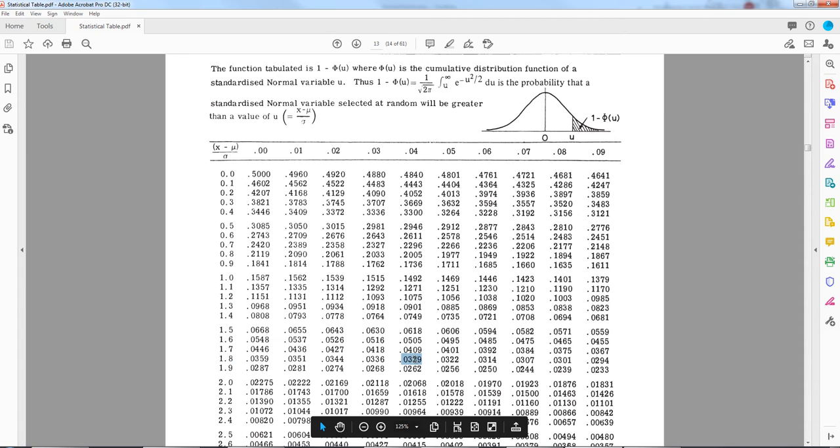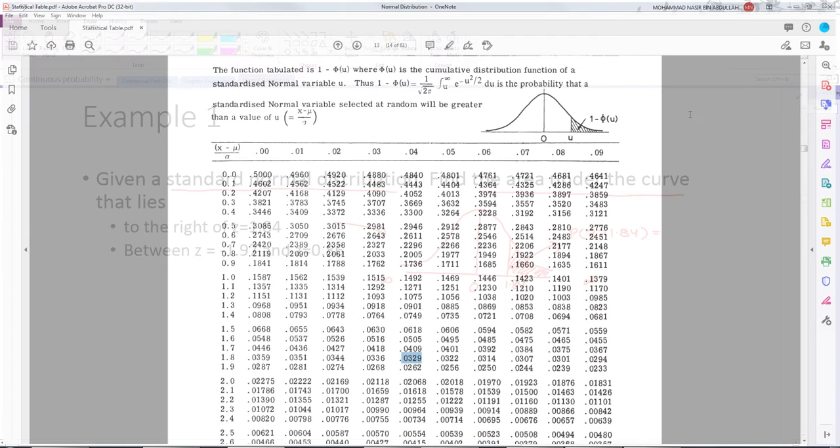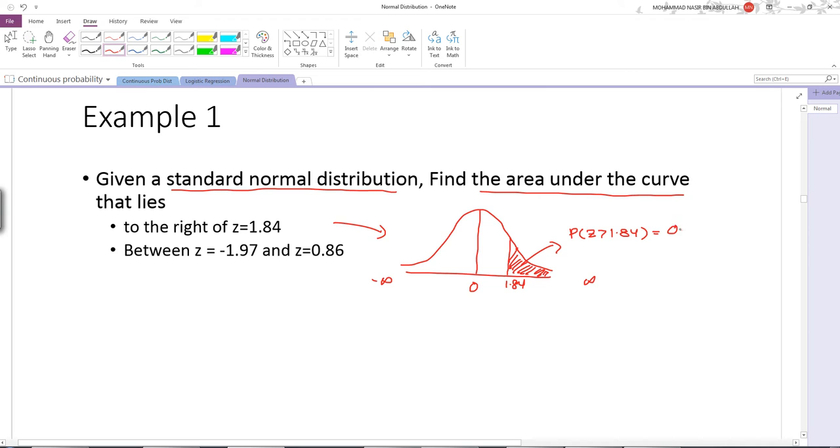So this is the probability value, 0.0329. So this is the area under the curve, or the probability of z more than 1.84. I go slowly to make sure you understand. Any questions so far on how to read the table?